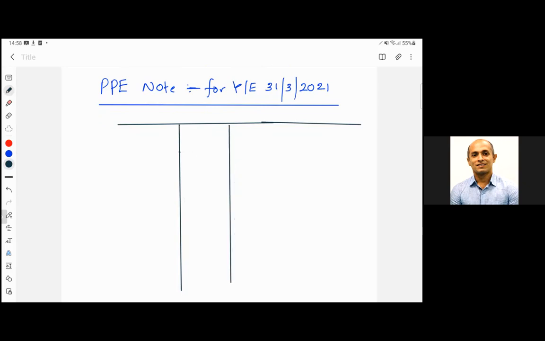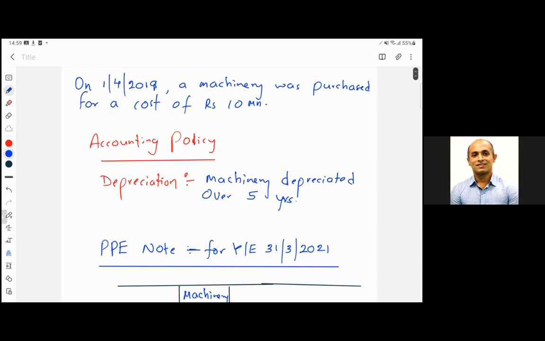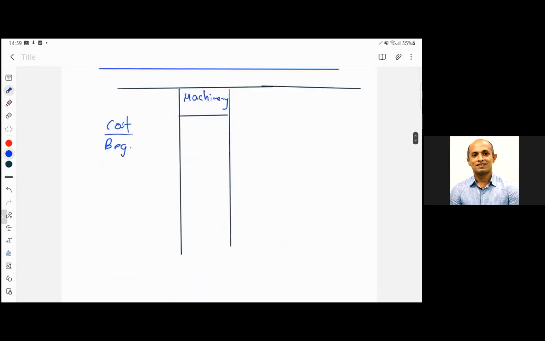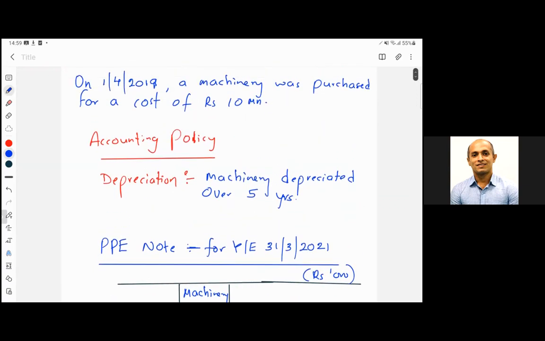Fine. So one column is machinery. The company uses the cost model. So you have a beginning balance. Machinery was purchased in 2019. We'll prepare the note in thousands.